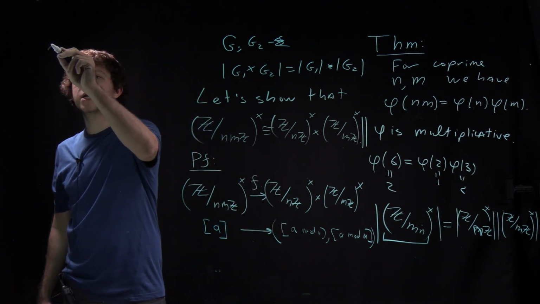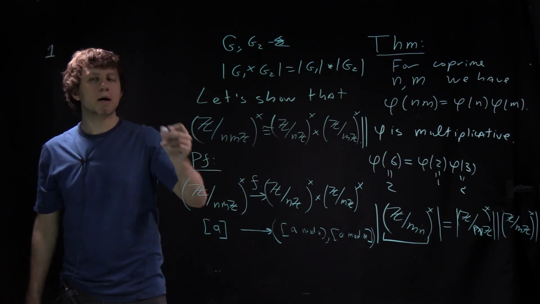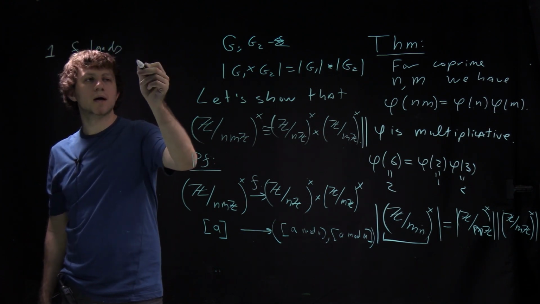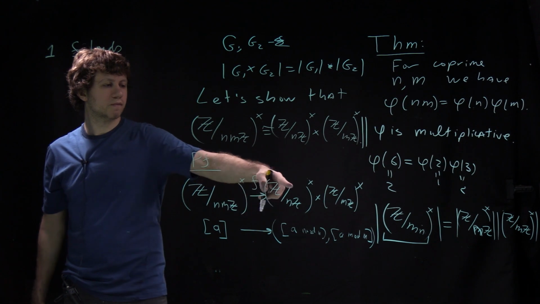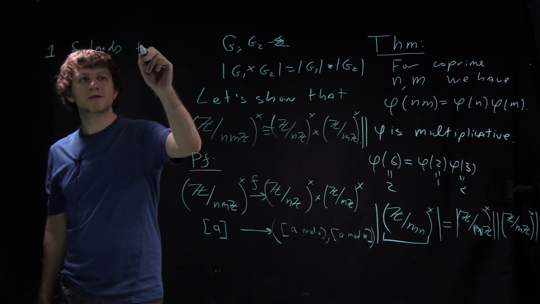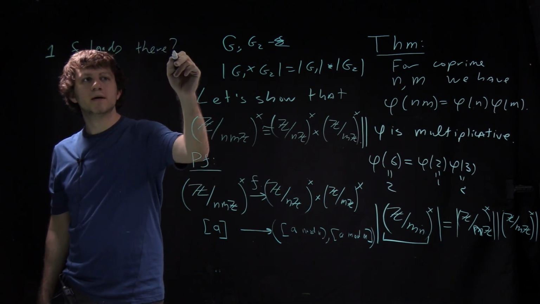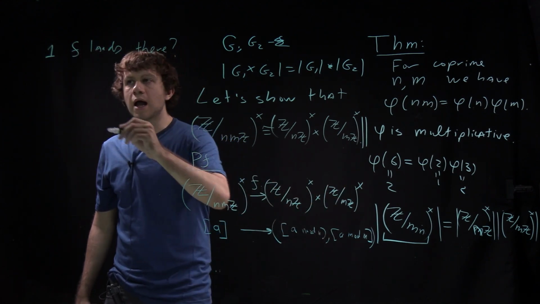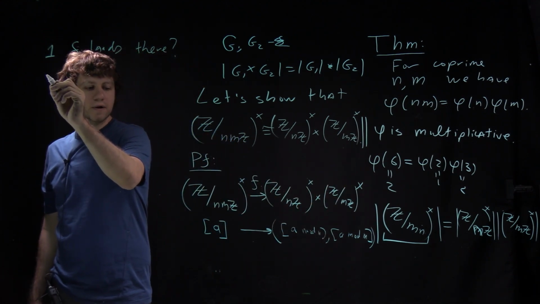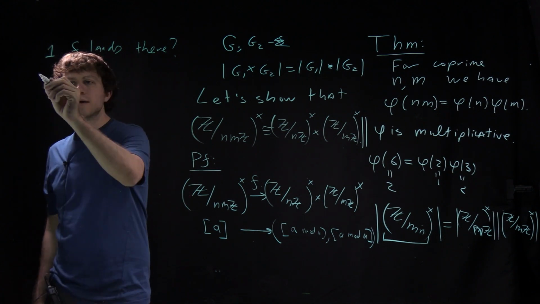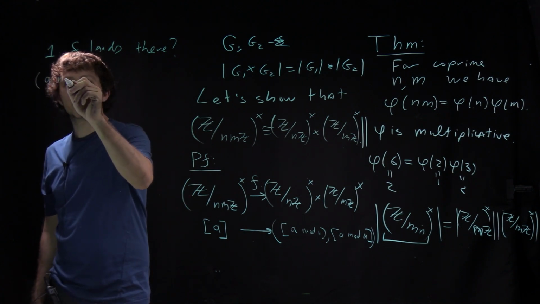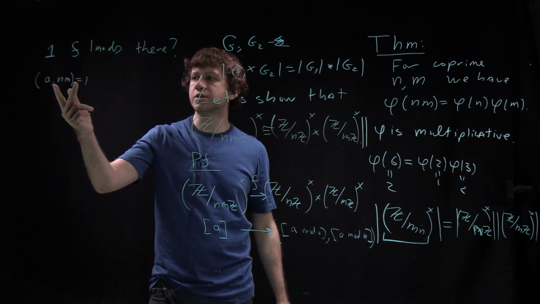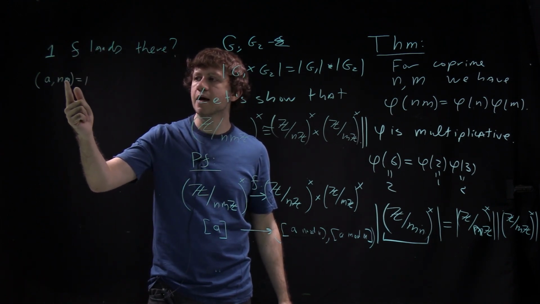The first thing to check is that f actually lands there, which means that these two numbers are actually invertible. And indeed, we know that A is coprime with nm. It is simpler to think in terms of A and common factors.